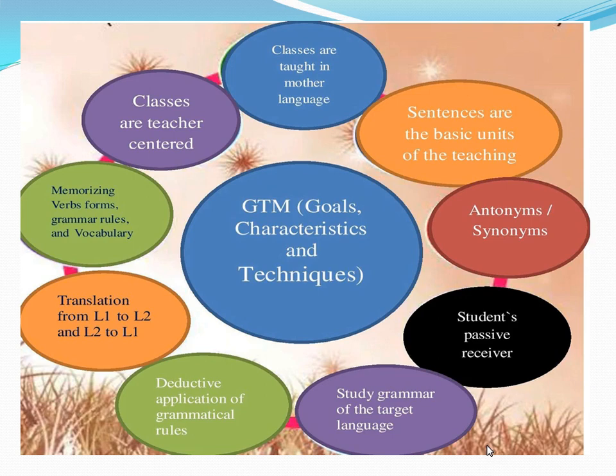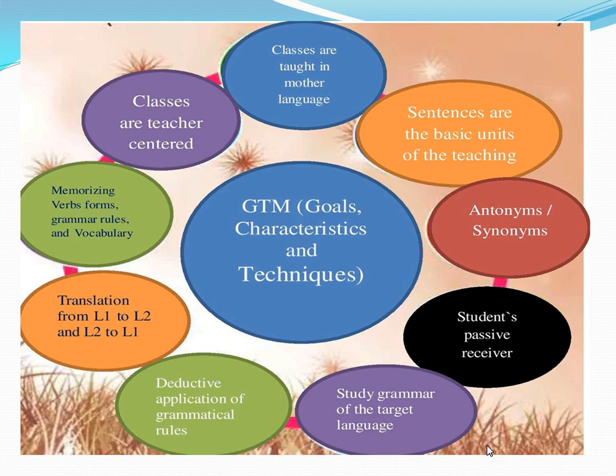Sentences are the basic units of teaching and learning. Antonyms and synonyms will be there. Students are passive receivers, which is a positive side in the sense that students will not be interacting in class. In GTM, students are not welcome to ask many questions, and it is positive in the sense that GTM can be applied for a large class.